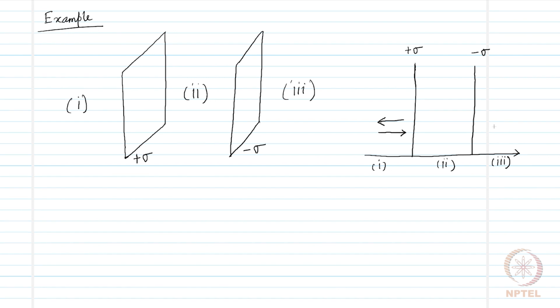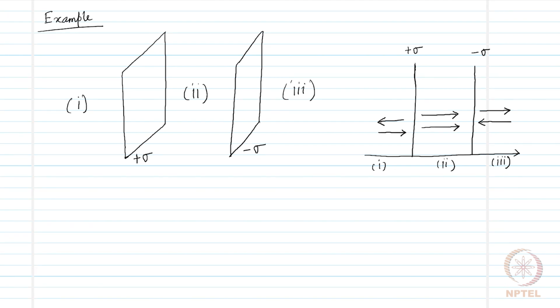Similarly, in region 3, for the positive sigma plane we will have electric field in this direction. For the negative sigma plane, we will have electric field in this direction, and they will cancel each other exactly, because the magnitude of the electric field does not depend on the distance from the plane. And in between, for the positive plane the electric field is along this direction. For the negative plane, the electric field will be along the same direction, so that gets reinforced.